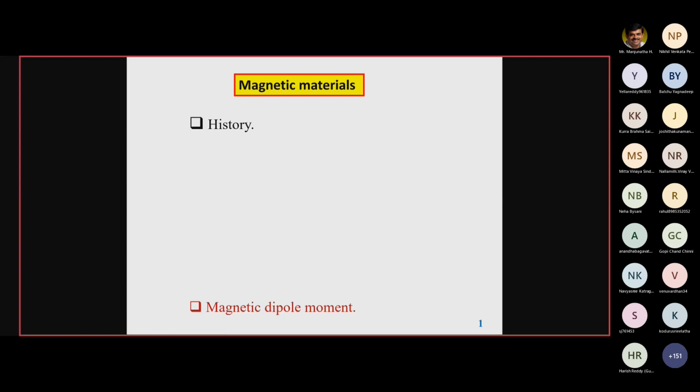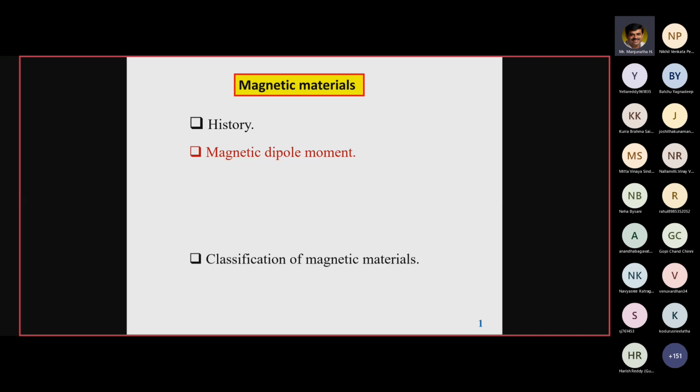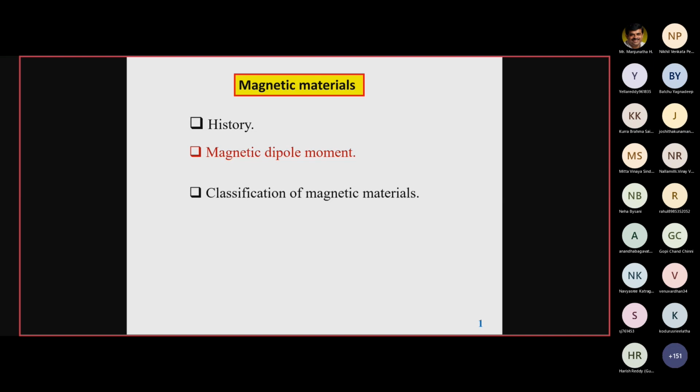Magnetic dipole moment. Here, certain things I will make you understand. People have studied it; only that I will elaborate a little bit so that it is like a revision for you. We are going to study about the magnetic dipole moment. Then classification of magnetic materials.